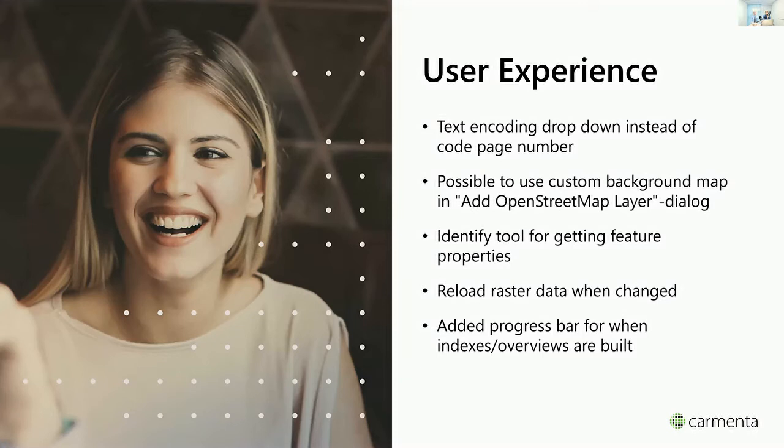That makes it much easier, when you're going to style your information, to get information about the data you have in Carmenta Map Builder. We made it possible to reload raster data when it changed. And we also added a progress bar when Carmenta Map Builder generates raster caches for overviews and indexes.